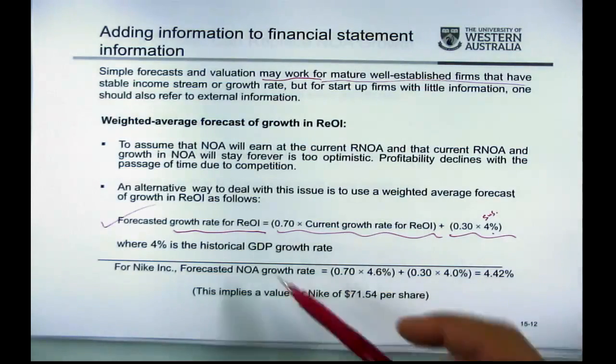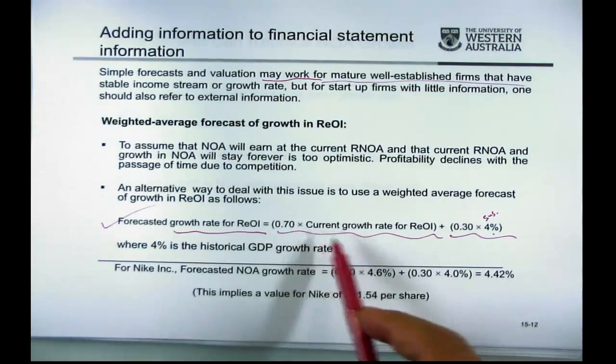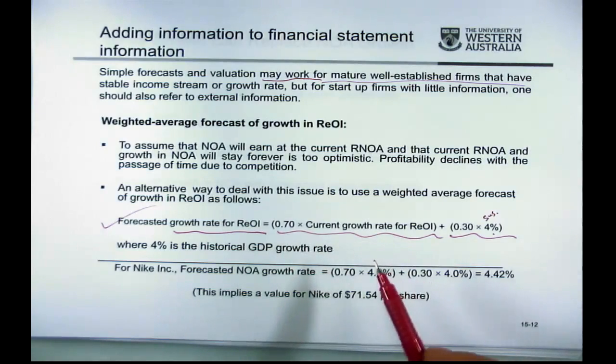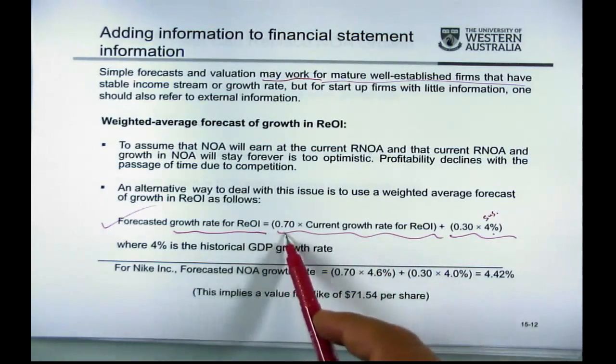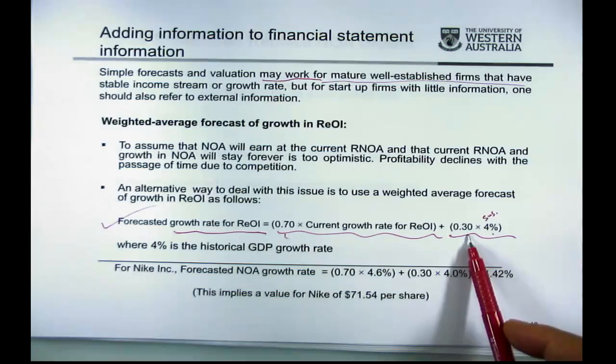Now, the weight is determined by you according to your belief and calculations. It is not to be determined arbitrarily. You should base the weights assigned on something reasonable. So if you believe that the current growth rate can be maintained for 70% of the time, in this case you put a weight here of 70% and here 1 minus 70%, which is 30%.